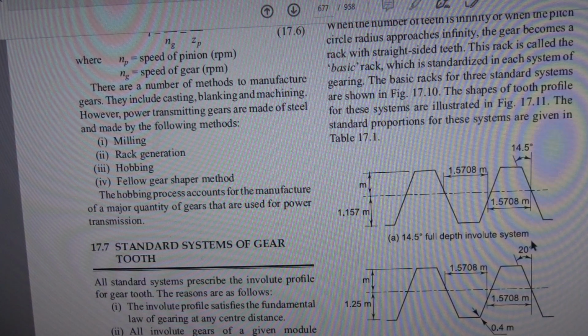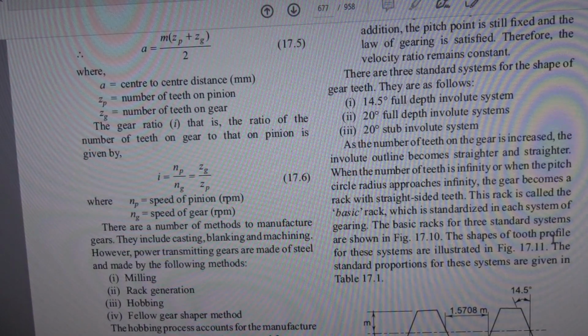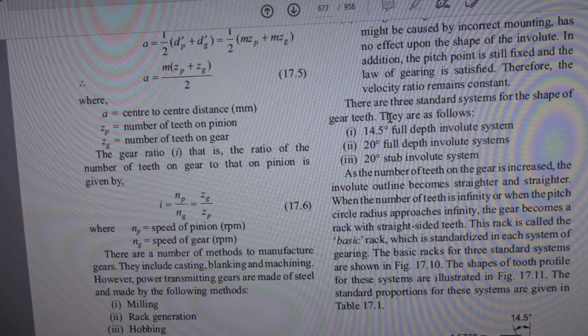First you see it, then I will explain how it is working. So I think you have seen these three types of pressure angle.